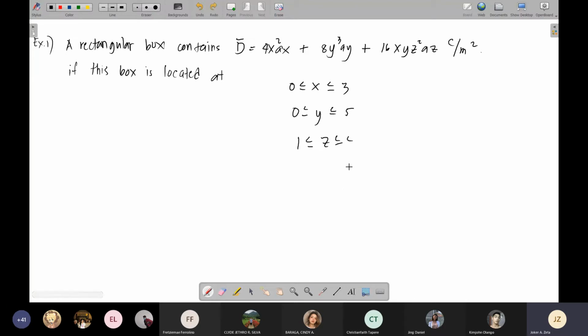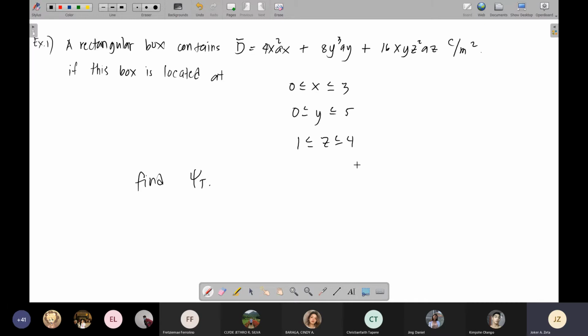So what if this is the location of your rectangular box? Find the total flux. Very simple. Sir, it is electric flux density, not surface charge density. Okay?